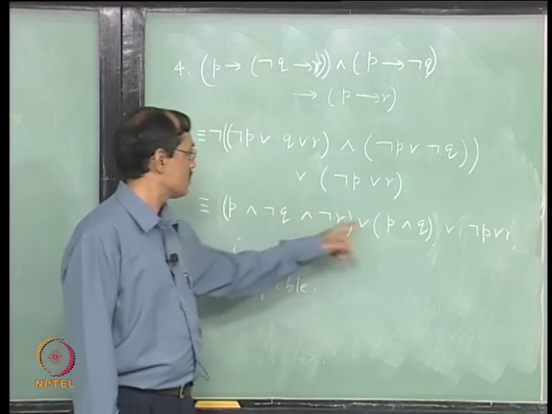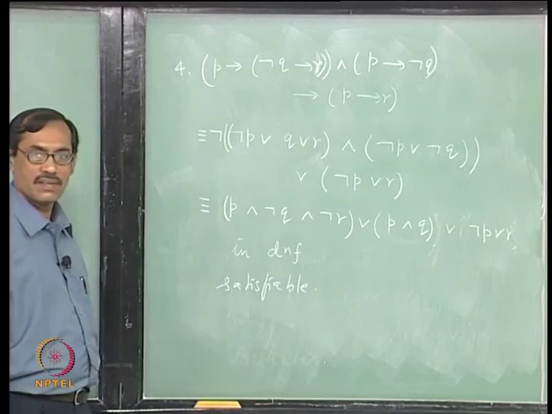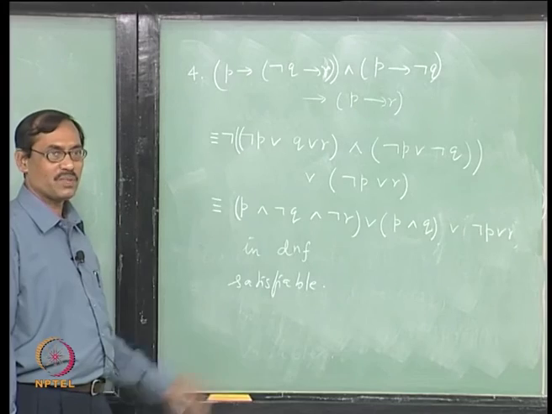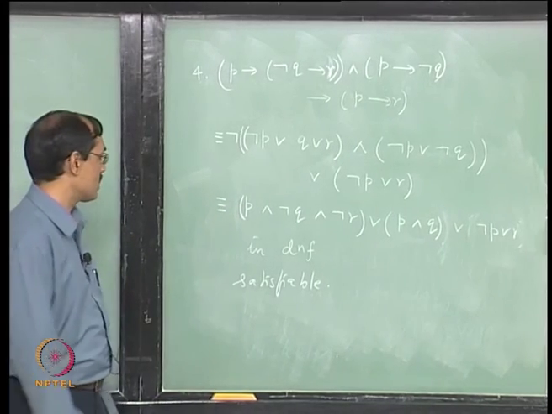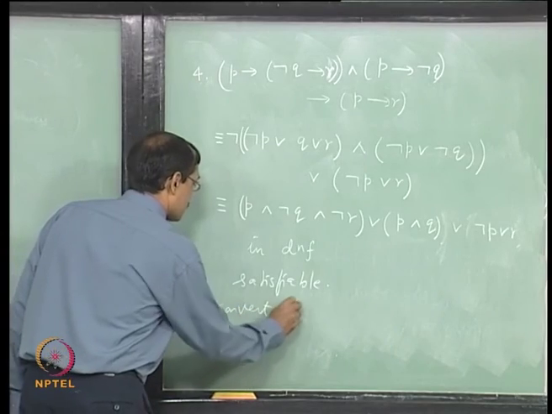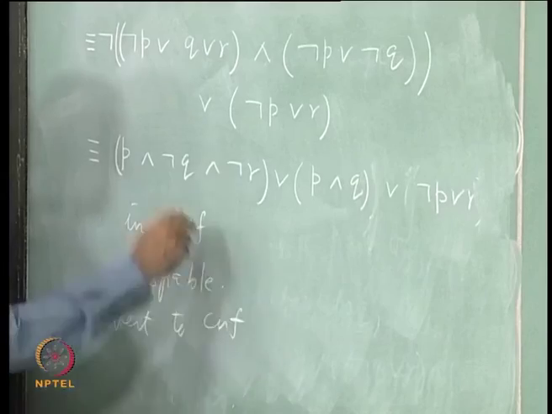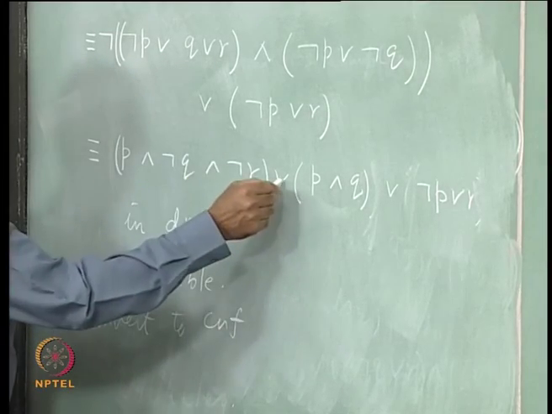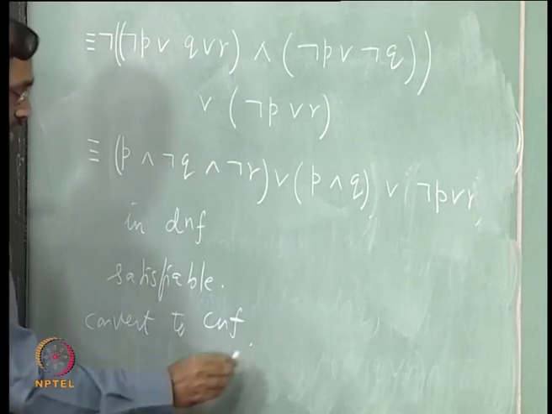It is not Q, it is Q, it does not matter, it is a smaller one. So just multiply out and convert it to CNF. By distribution, just distribute the ORs and ANDs, then you get that it is valid.